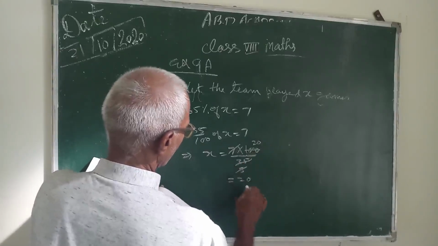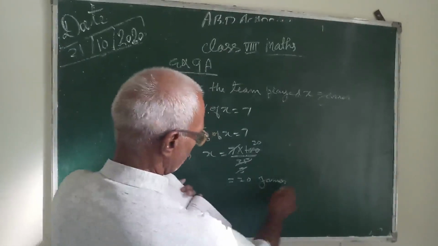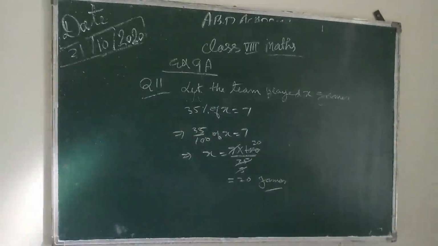It means the team has played 20 games, out of which the team wins 7 games, which becomes 35% of the total games played. It is number 11.